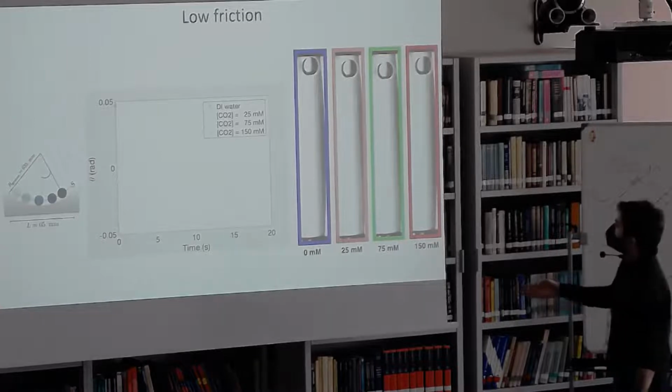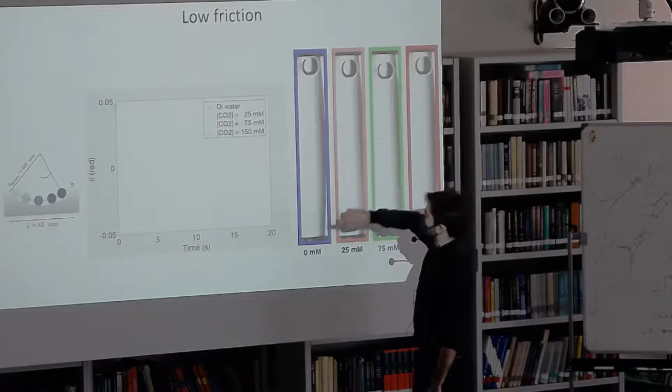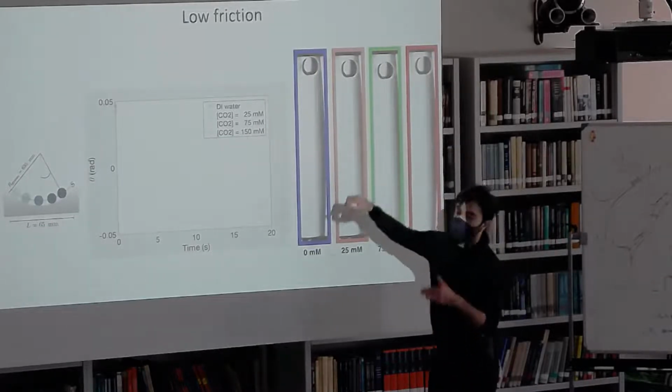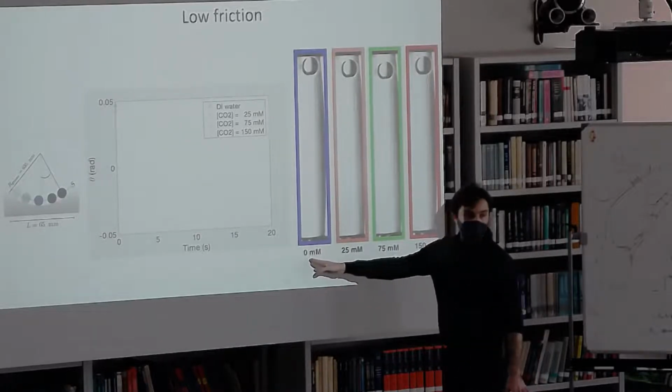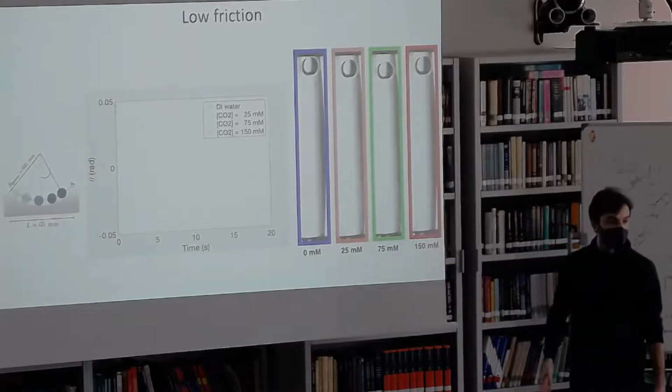And for all those movies here, you see from the top. So on both sides, you have the top of the groove, and in the center, you have the minimum height. You have different concentrations, from pure DI water without levitation to a higher concentration of CO2 there.